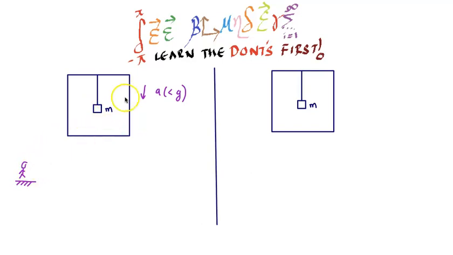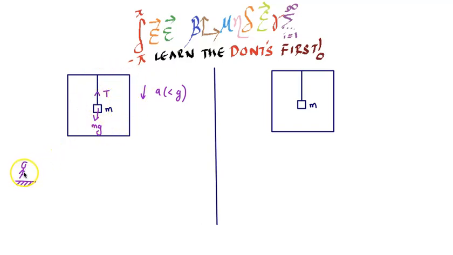So what will they observe? Well, they know that the weight of the block is going to act in the downward direction, and they also know that the string is going to pull on the block upward, right?